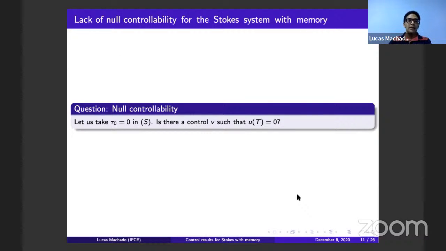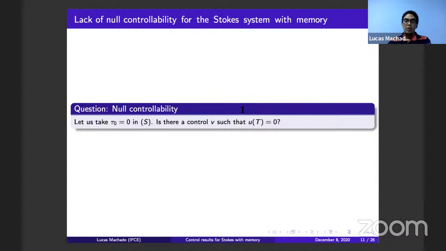Well, then we know that the Stokes equations with memory is approximately controllable, and that we don't have null controllability for similar equations with memory.